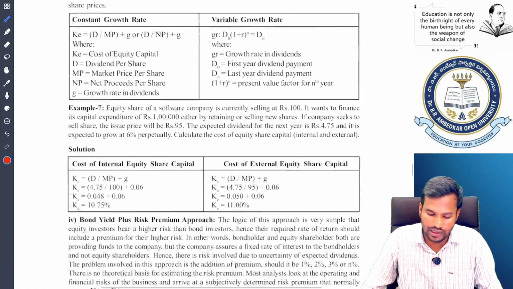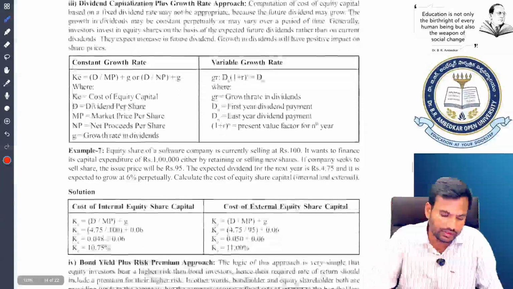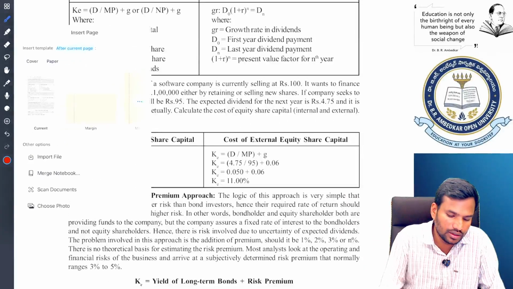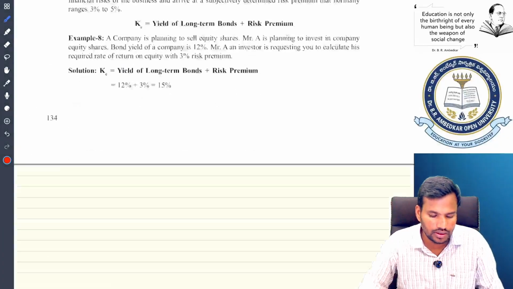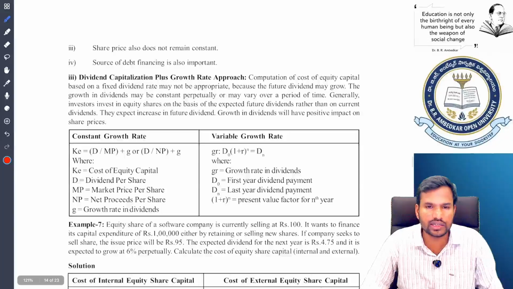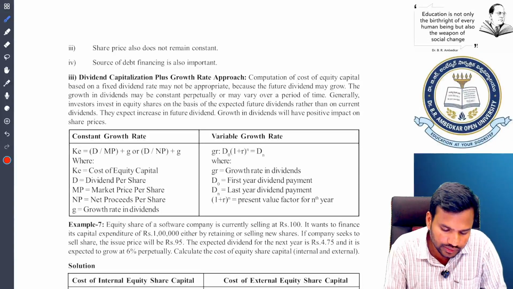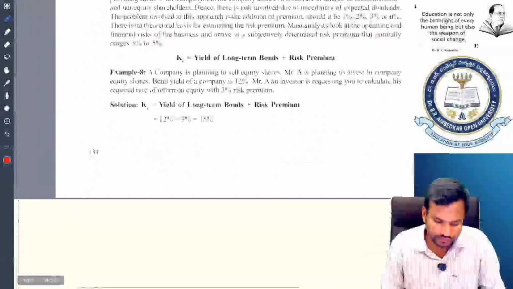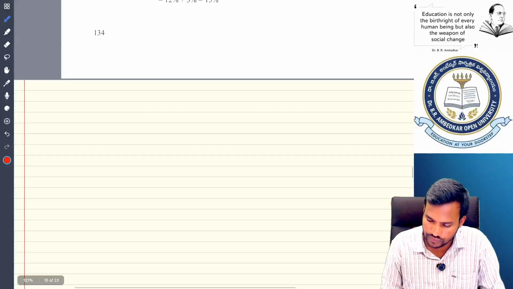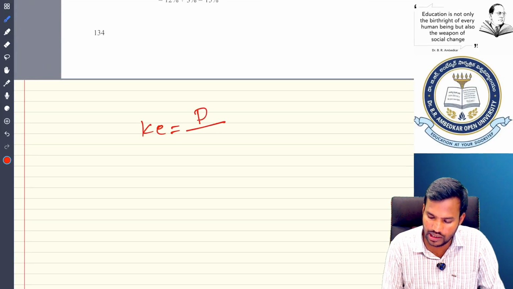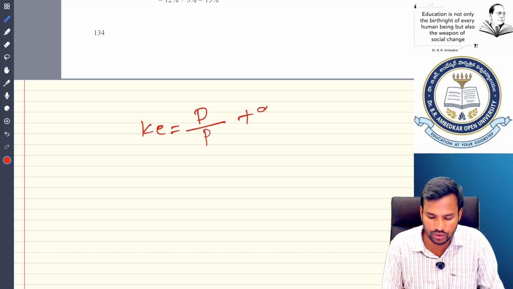See the formula for this method: dividend capitalization plus growth rate. Formula KE is equal to D by P plus growth.